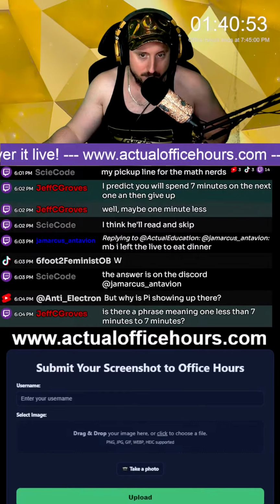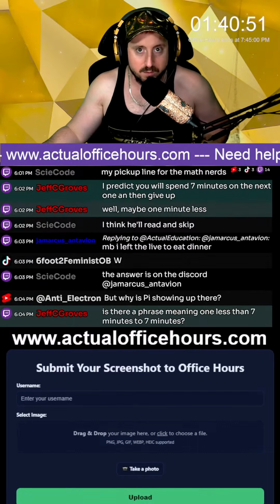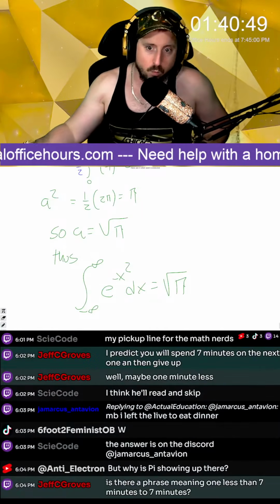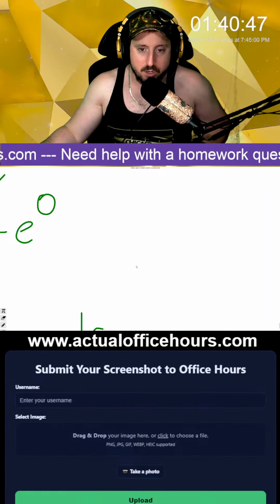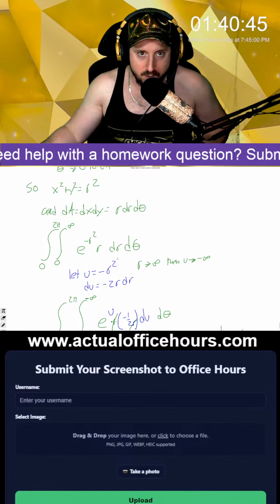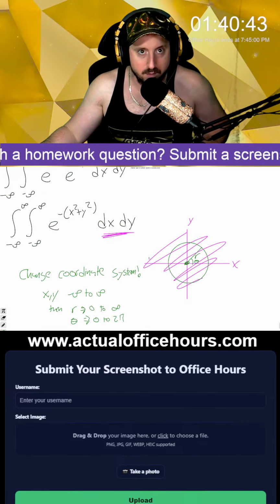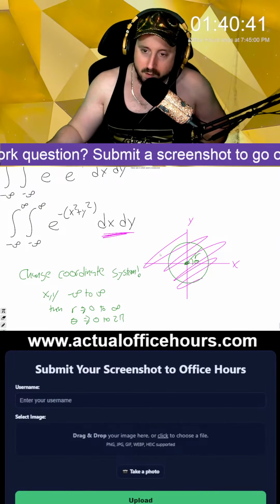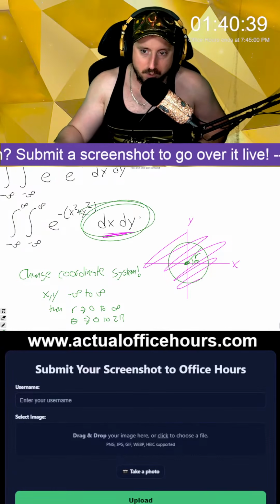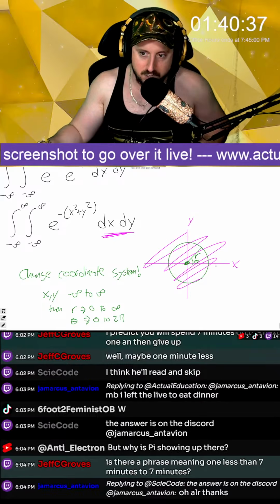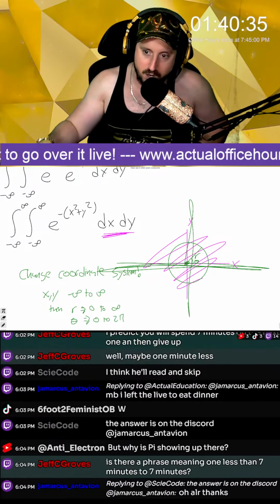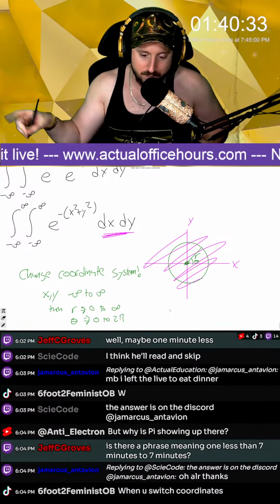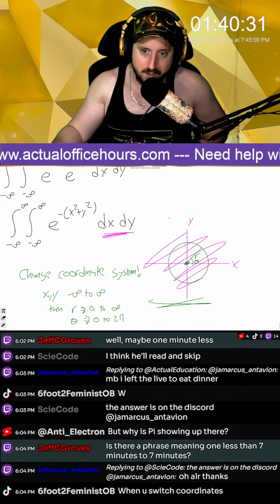But why is pi showing up there? Oh, good question. So why did pi show up? Pi showed up because of our coordinate transform. We were first integrating over the whole space in Cartesian, so in terms of dx and dy, we had to go from negative infinity to infinity, and then from negative infinity to infinity.